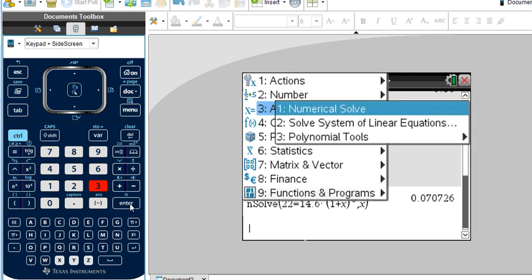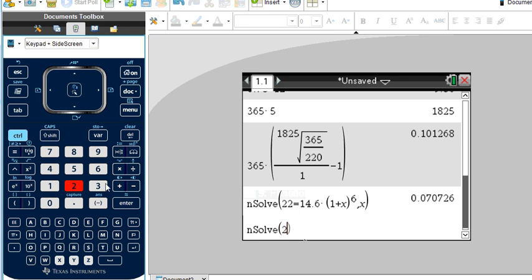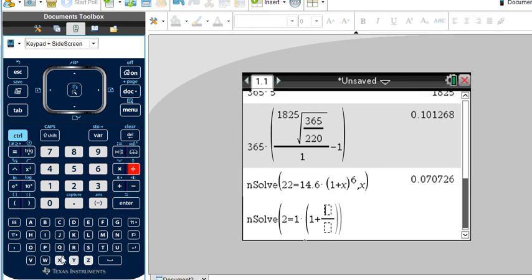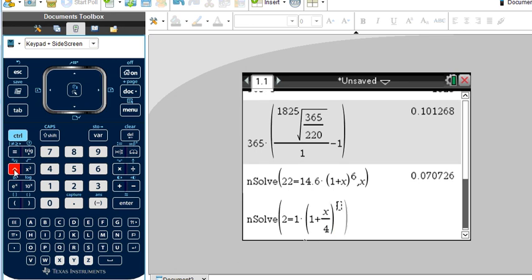We're going to have 2 is equal to, I'll just put 1 times, open parentheses, 1 plus, we'll get our division bar here, X over 4 to the power of, we'll say 4x, right? How long will it take?